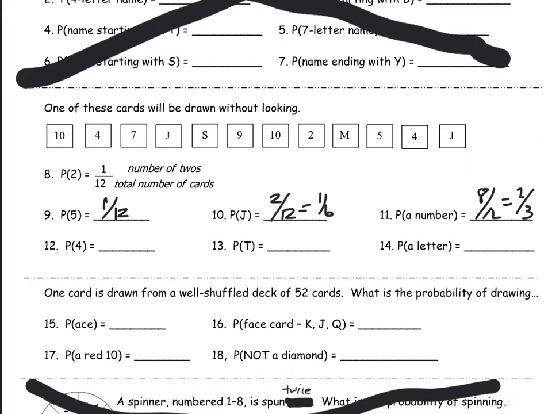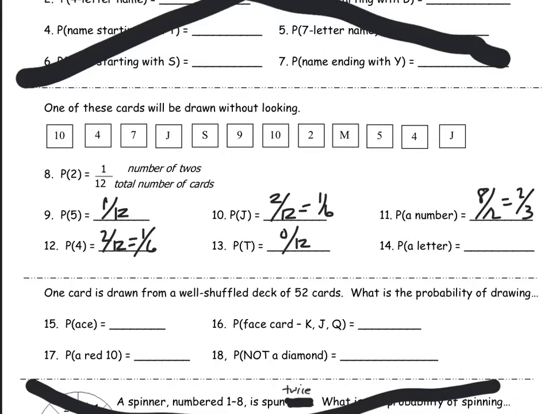Okay, probability of me drawing a 4. In this case, I believe there are 2 4s up there. So it'd be 2 4s out of 12 cards total, which would be 1/6. Probability of me drawing a T. As I look at my cards, I don't see any T's. So what's the probability of drawing a T? Well, that's 0 out of 12.